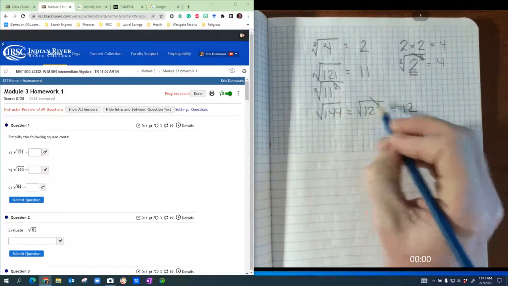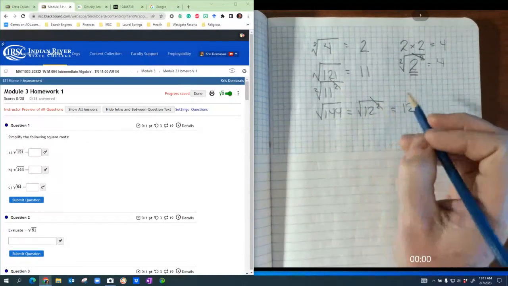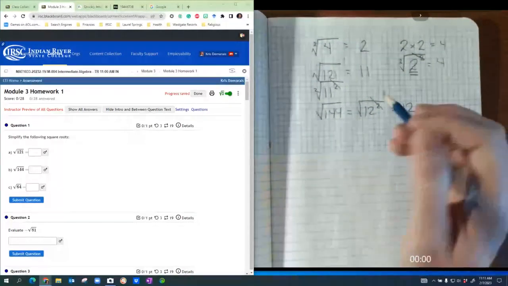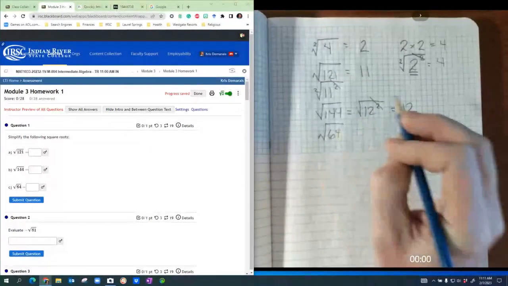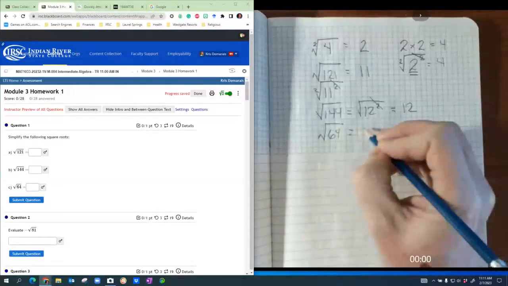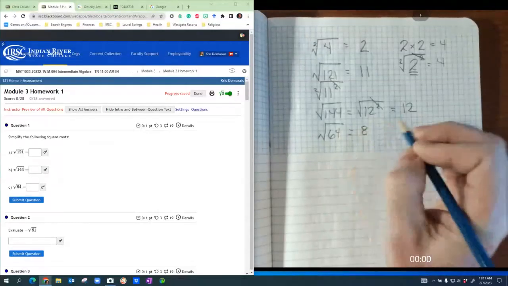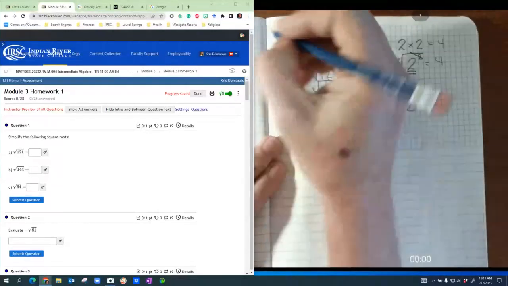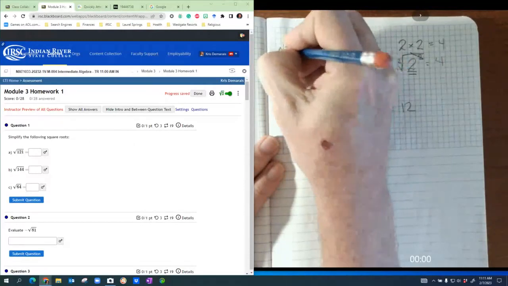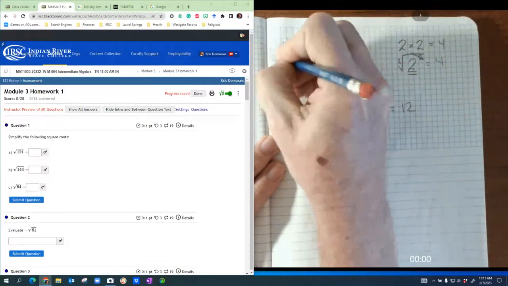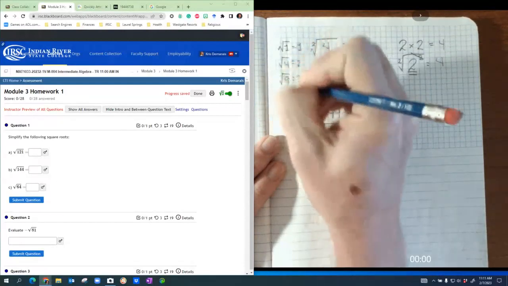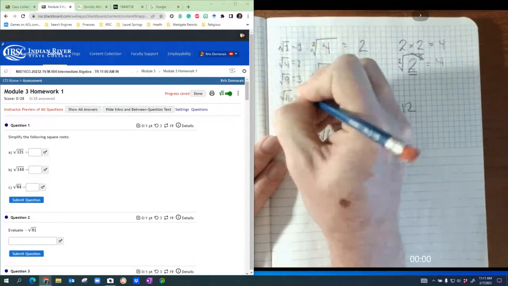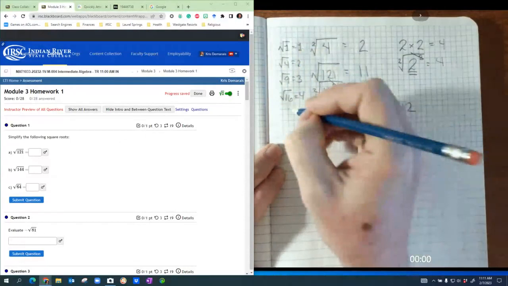So we're looking for that idea of something that is a perfect square. Perfect squares are important. If I were you, and you don't know your perfect squares, you should be able to list them all. Go ahead and start with the square root of 1 is 1, the square root of 4 is 2, the square root of 9 is 3. Continue this until you get all of your base numbers all the way to 12.